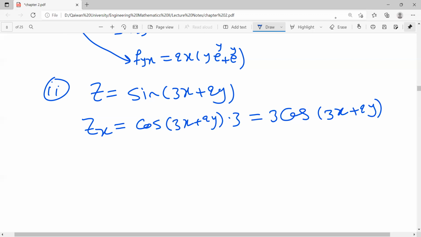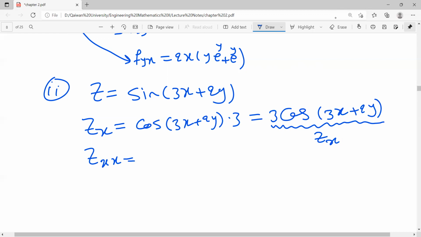Then we are going to find z sub xx. To find z sub xx, we should find the derivative of this function with respect to x, because this is z sub x. If we take another derivative with respect to x, we get z sub xx.